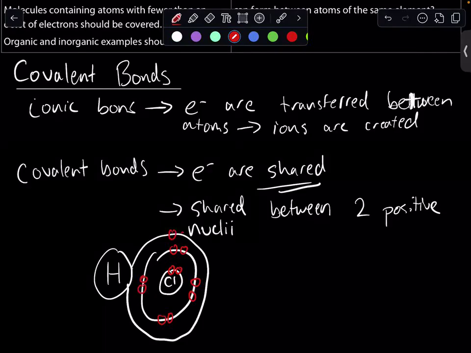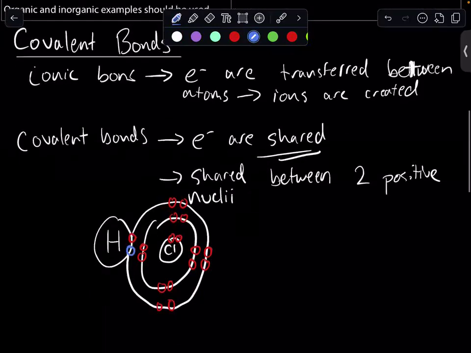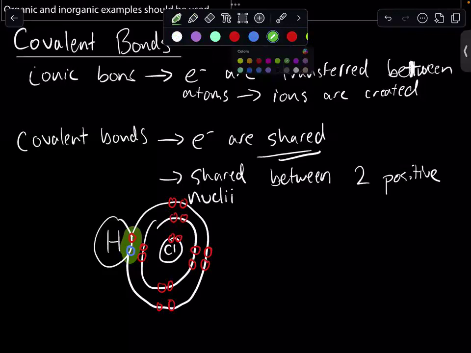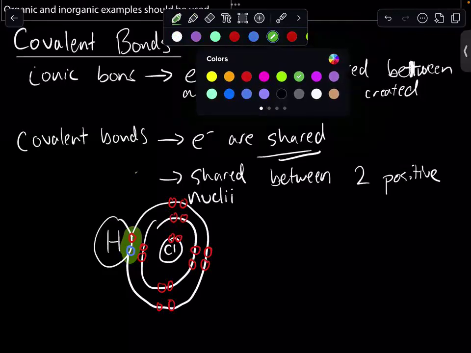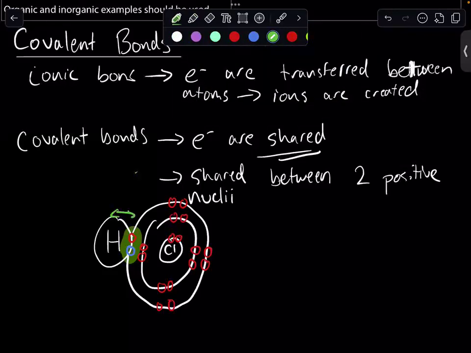And we have 8, then we have 7, along with the original 2. Hydrogen has blue for its electrons. And you'll notice that we have this shared pair of electrons. What's actually happening here is that the nuclei are pulling on those electrons.